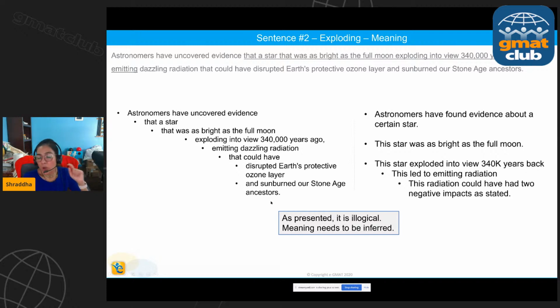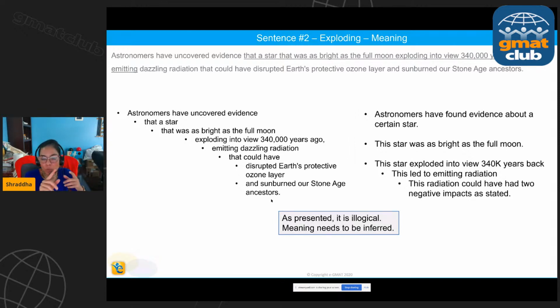However, one thing we must notice here, in our first sentence, the meaning conveyed by the original sentence was logical. Yes, it had grammatical errors, but we could understand the meaning of the sentence. There was nothing illogical about the meaning of that sentence. But this sentence actually presents illogical meaning.